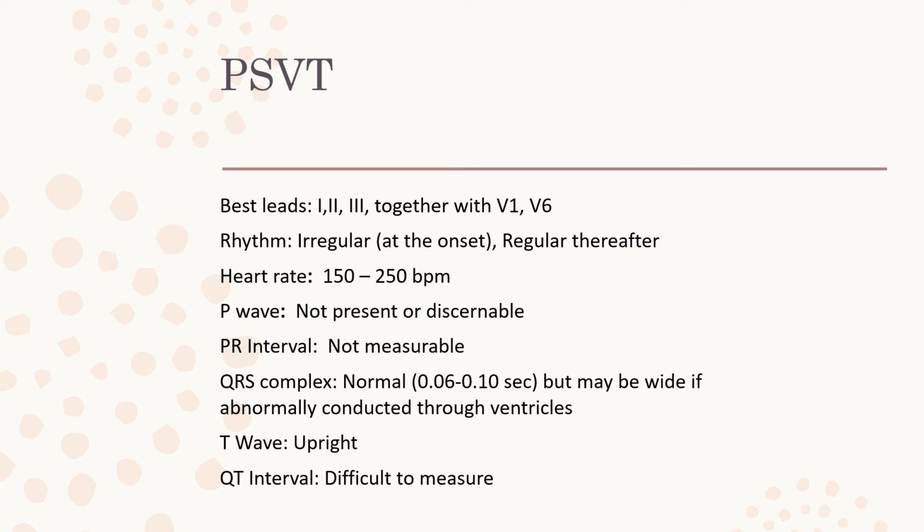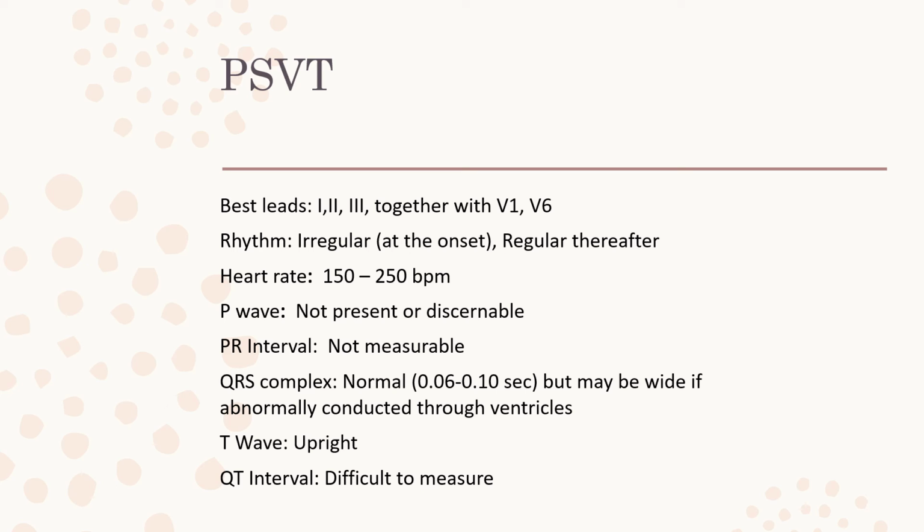Our rhythm can be irregular at the onset. If you remember, we talked about paroxysmal. It's a sudden start and sudden stop. But when it initially starts, it can be just a tad irregular, but then it's going to be regular thereafter. The heart rate is going to be 150 to 250. The P wave is not present or discernible.